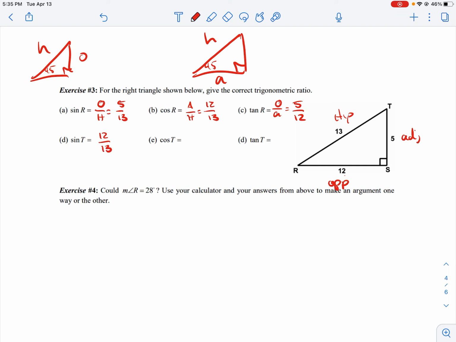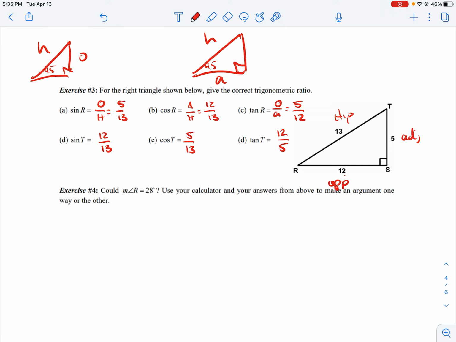Cosine is going to be 5 over 13. And then the tangent is going to be 12 over 5. As you can see, your sine and cosine both changed, and our tangent just sort of flipped upside down.